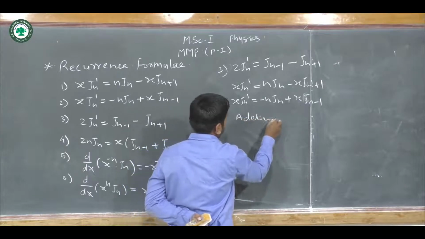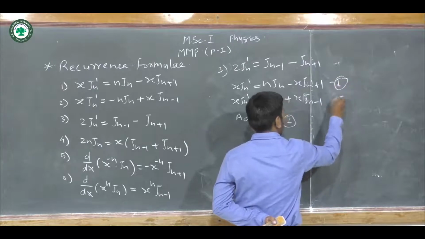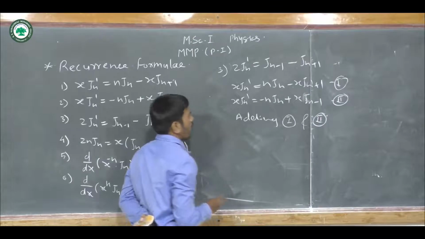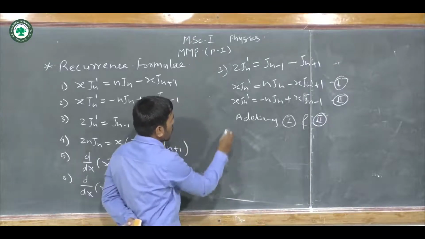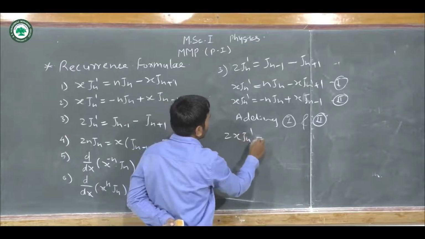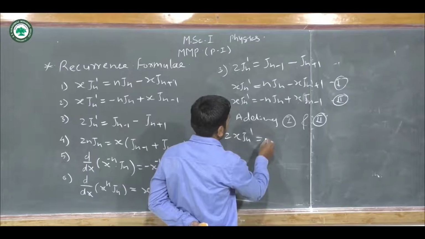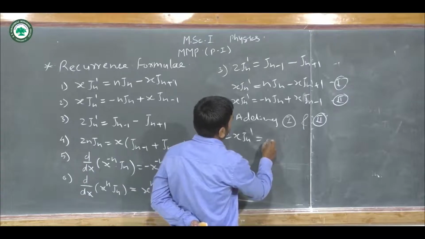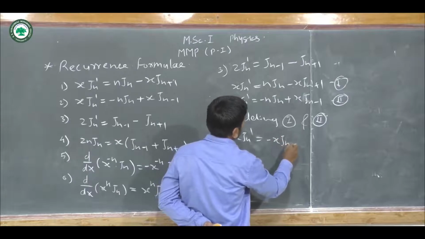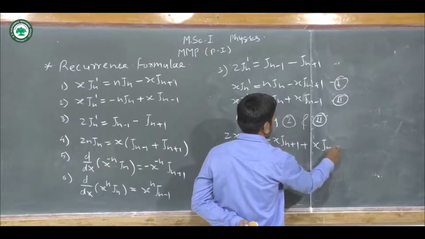adding the first and second, we can find 2x Jn prime is equal to, this will be cancelled out, and minus x Jn plus 1 plus x Jn minus 1.